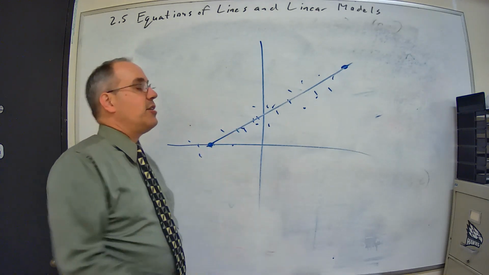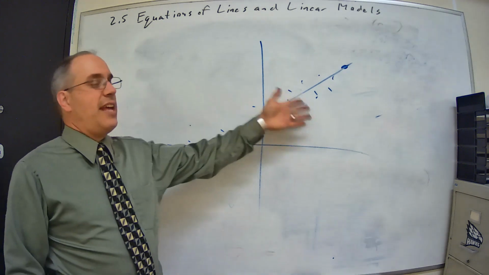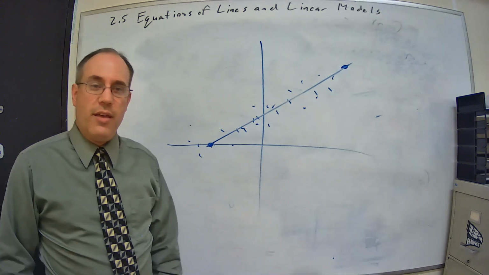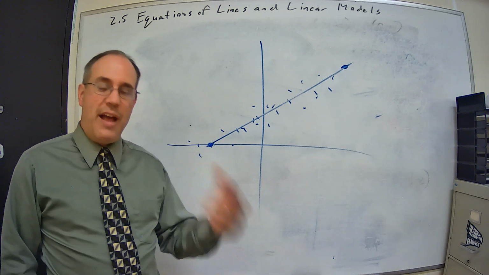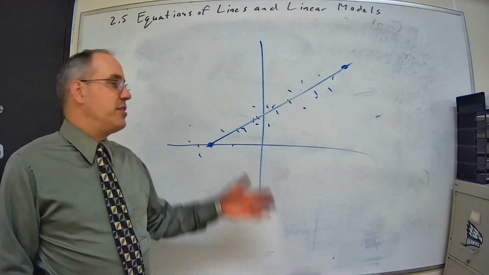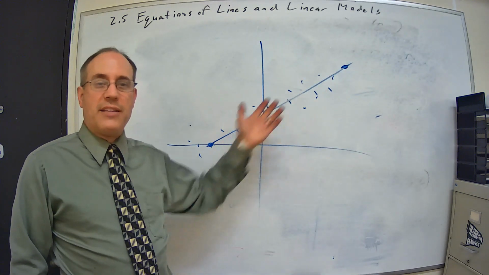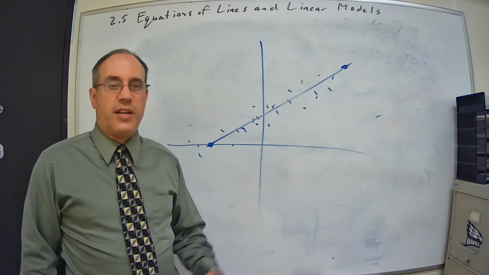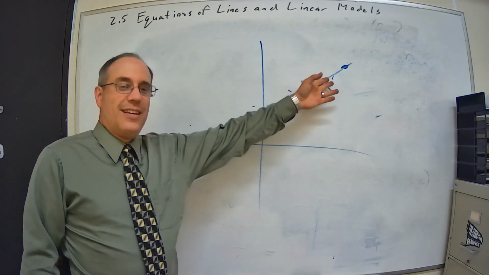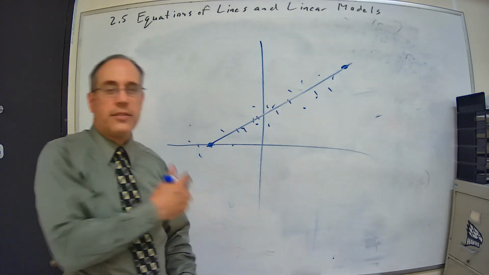So a really handy tool, especially if you just have a bunch of data here that you're going to have to guesstimate anyway. As I said, if you're given a bunch of data points and you have the ordered pairs, there is a method that can be used to come up with the best fit line.